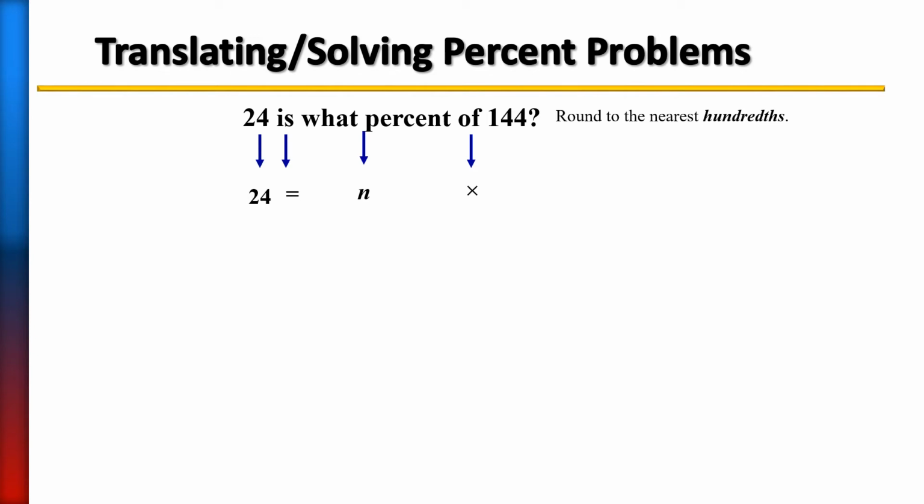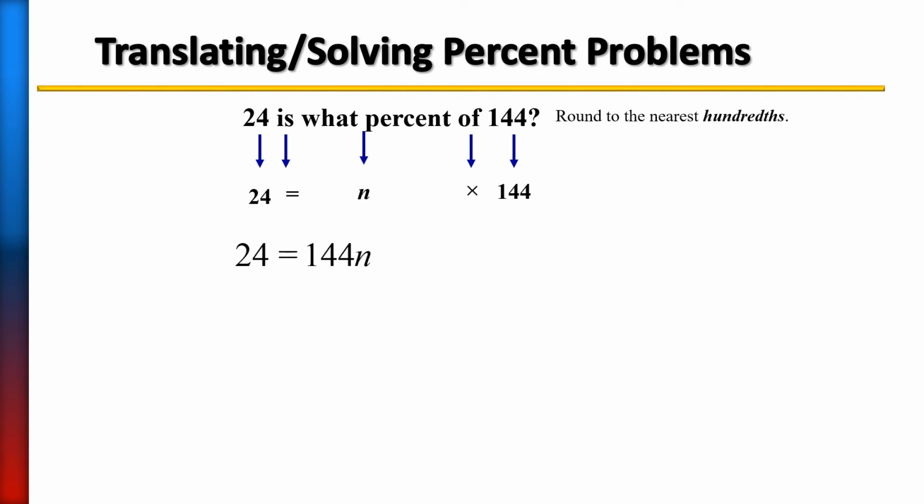Of, anytime you see of, remember, that is multiplication, and bring the 144 down. So n times 144. Anytime you have a number and a variable being multiplied, you just stick them together. When they're sandwiched together, that means the same thing as being multiplied.